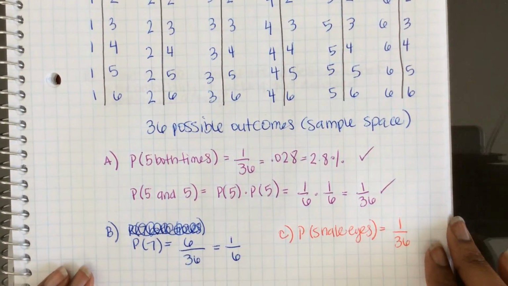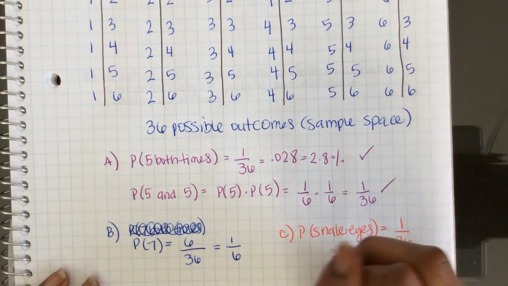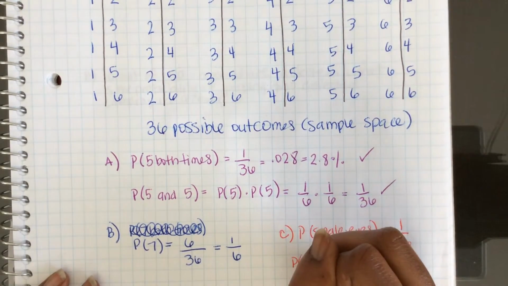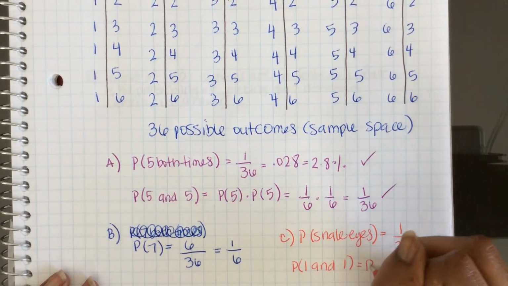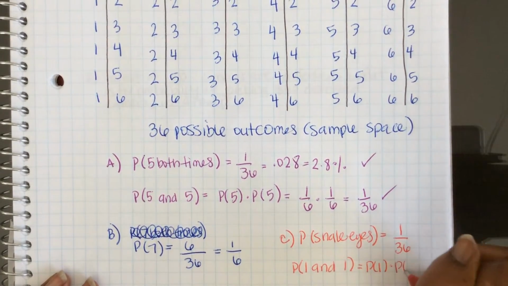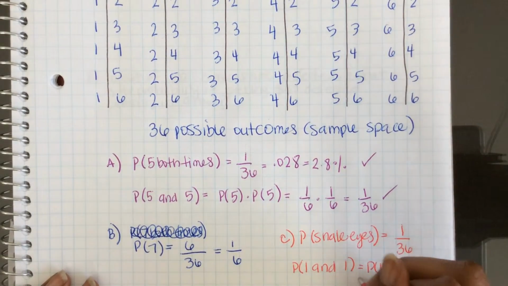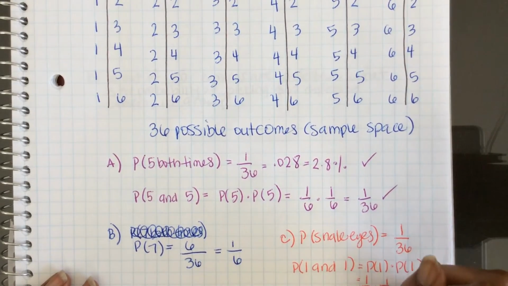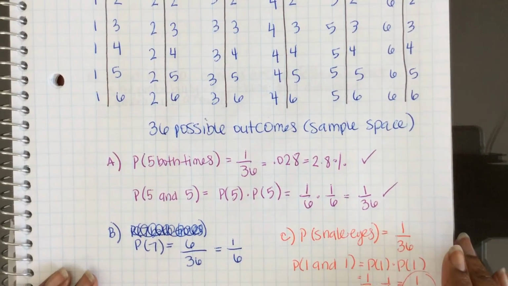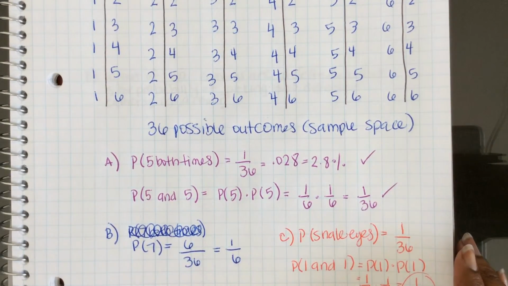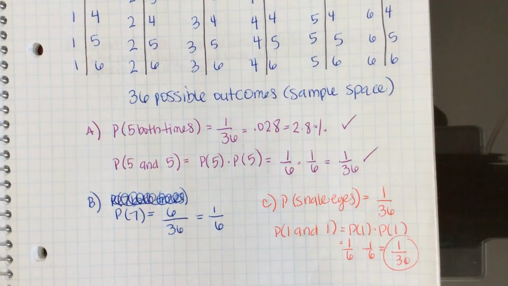Or without using the sample space, it would be probability of 1 and then another 1. So that's probability of 1 multiplied by probability of 1, which is 1/6 times 1/6, which is 1 out of 36. So sometimes it's easier to do a sample space. Sometimes it's easier to do multiplication rule. The more comfortable you get with probability, the easier it'll be to decide.